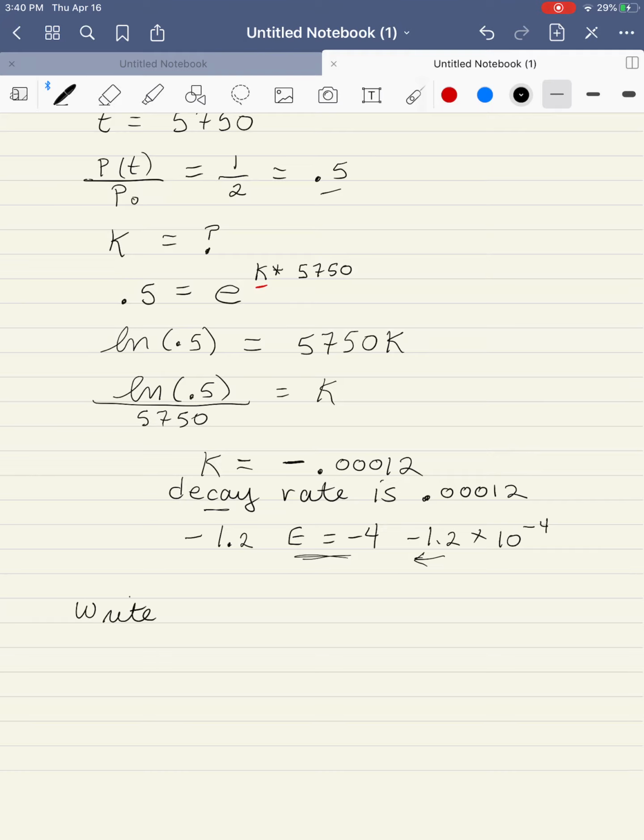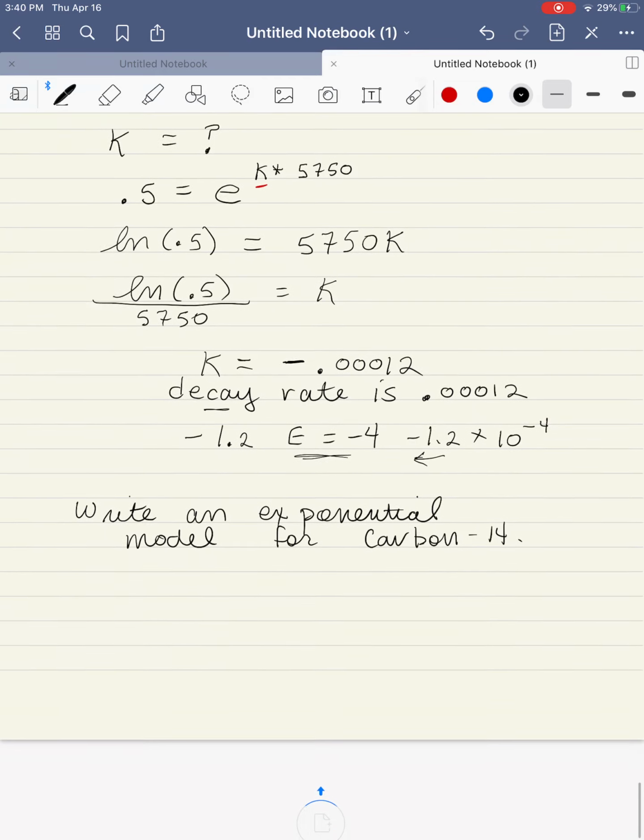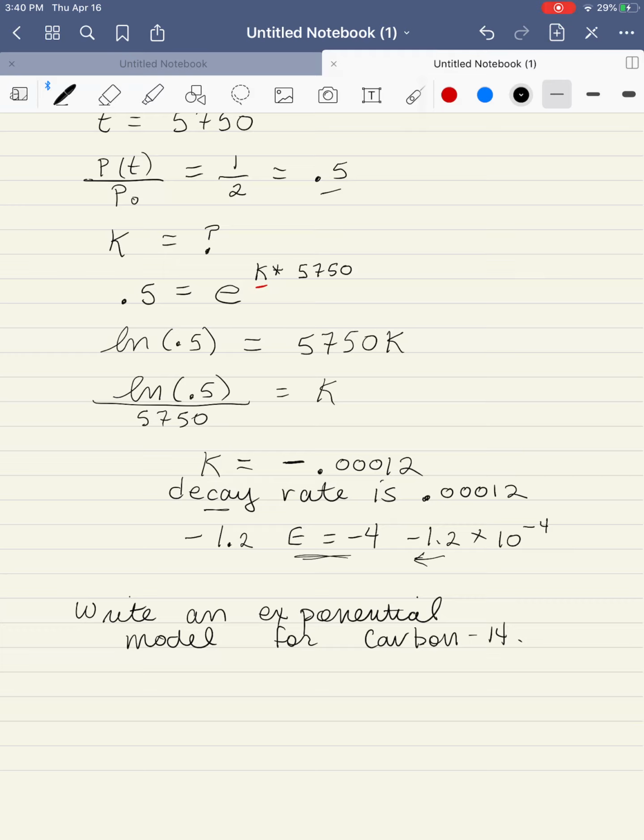Let's go ahead and write an exponential model for carbon-14. And we don't know our starting amount, so we're just going to call it P sub 0.